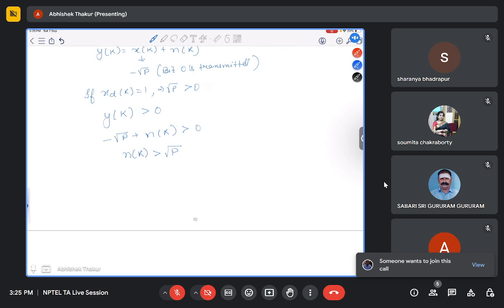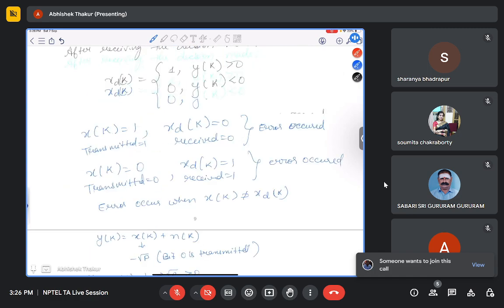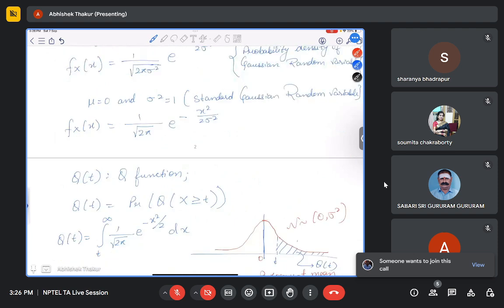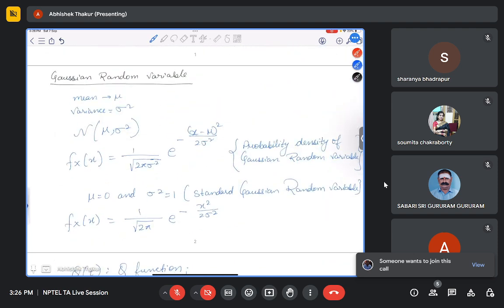So now what will be the probability such that nk is greater than root p? So this will be, as the noise is Gaussian random variable, the probability density function we have already seen for this noise, as we have seen.